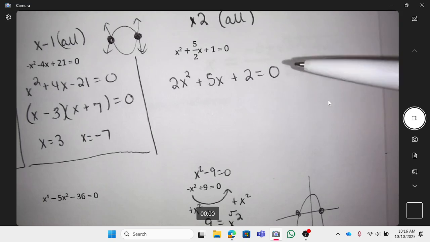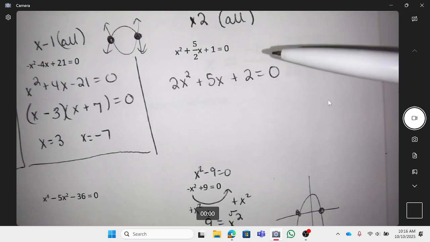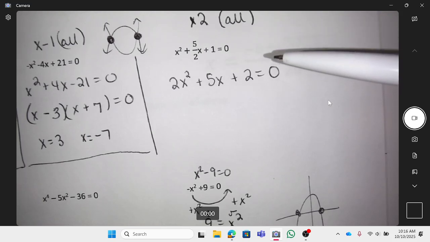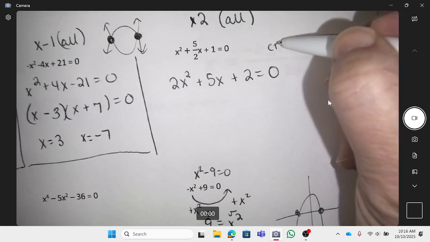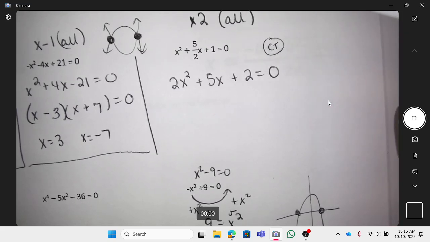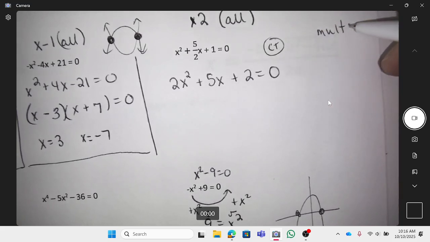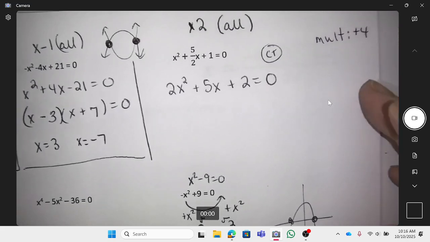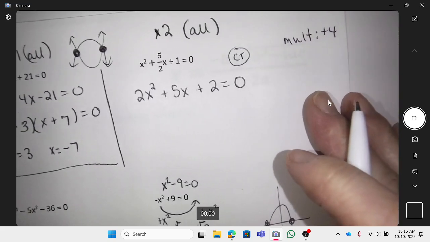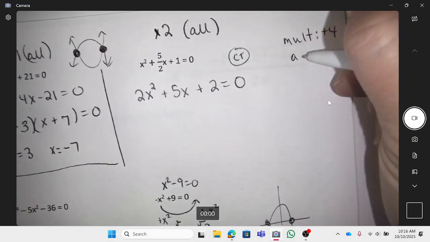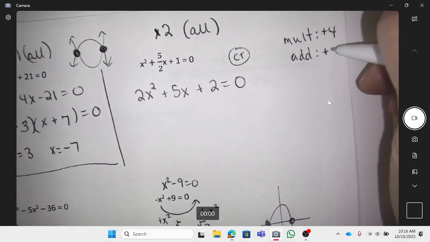Okay, now factoring. So I thought, well, what's the style? Did you recognize it's a complex? Okay, so it has to multiply to 4 and add to 5.